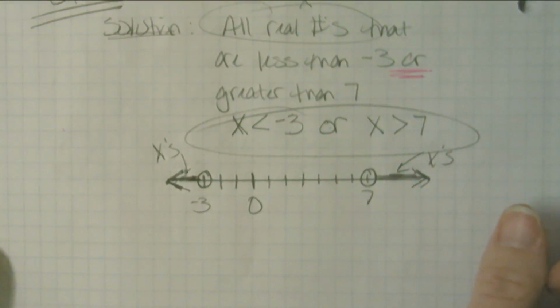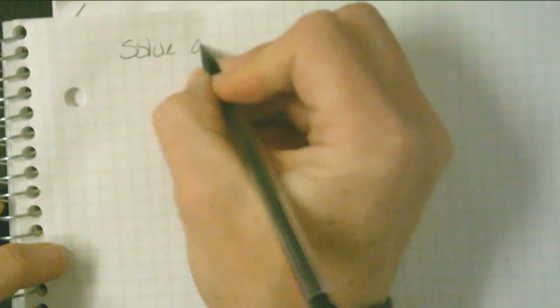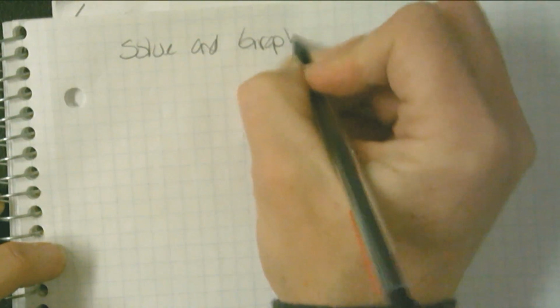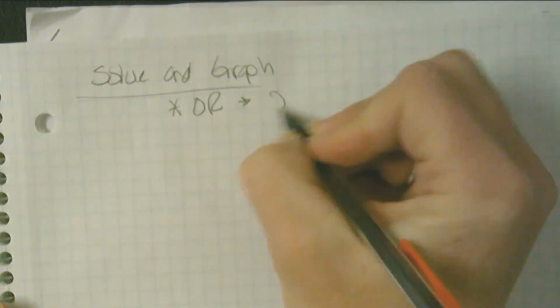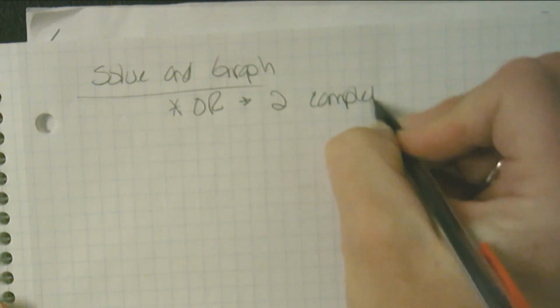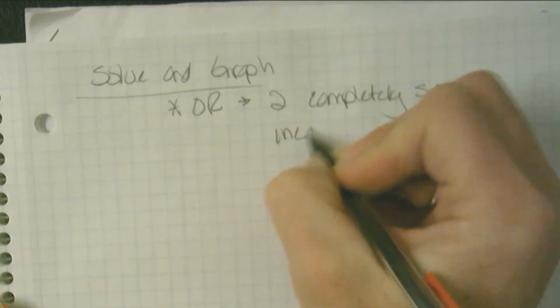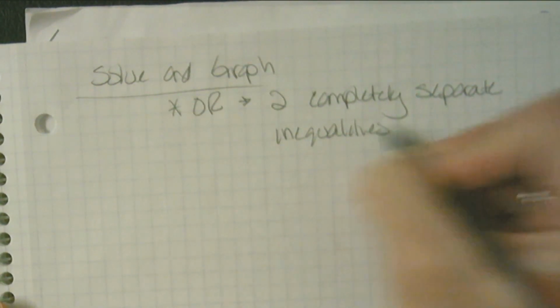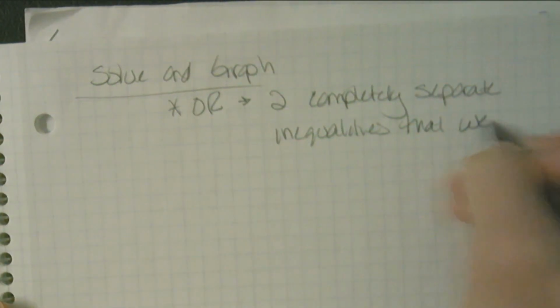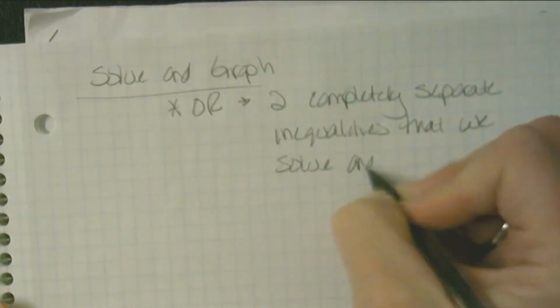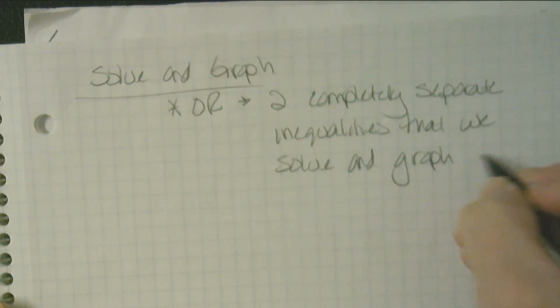So now let's solve some OR inequalities. I want you to solve and graph. Now OR inequalities are two completely separate inequalities that we solve and graph on the same number line.